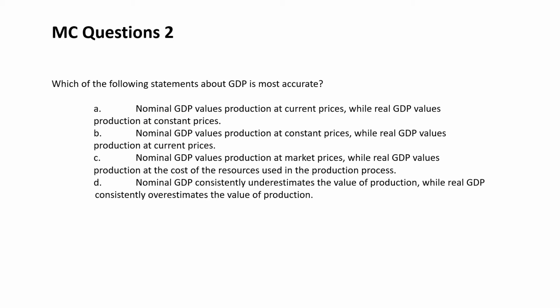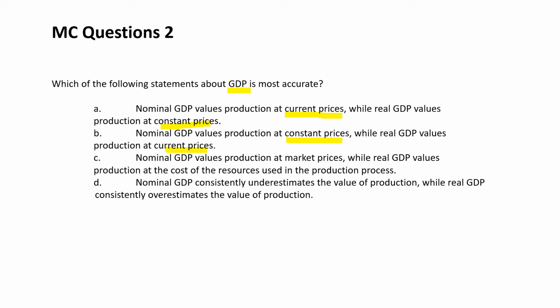Which of the following statements about GDP is accurate? A. Nominal GDP values production at current price, while real GDP values production at constant price. B. Nominal GDP values production at constant price, while real GDP values production at current price. So it's the other way around.